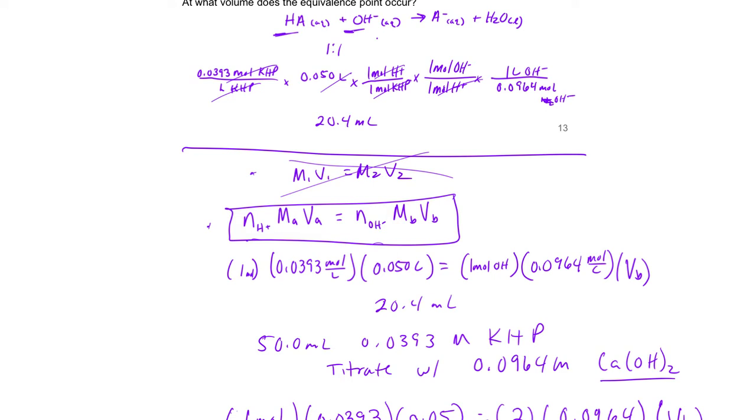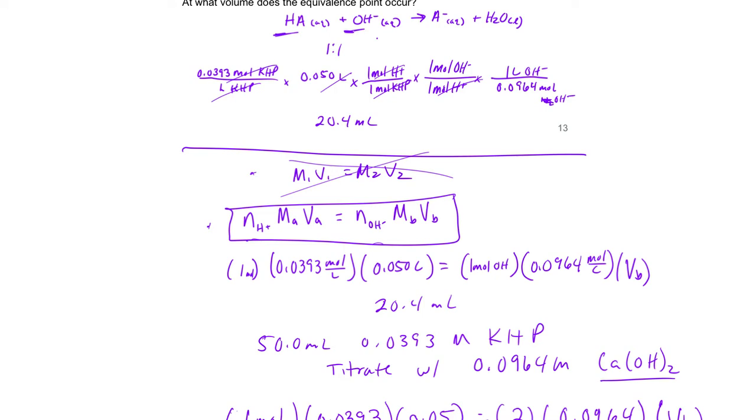Oh, it does end up being the same. I don't understand why we don't include this moles equation in the textbook, because I do think it is a bit more logical. You're literally saying moles equals moles, right? And that's what we're saying at the equivalence point, moles equals moles. Anyway, that's a little bit of a digression.